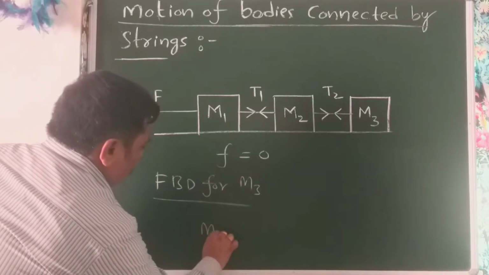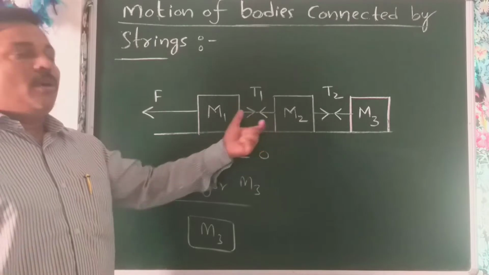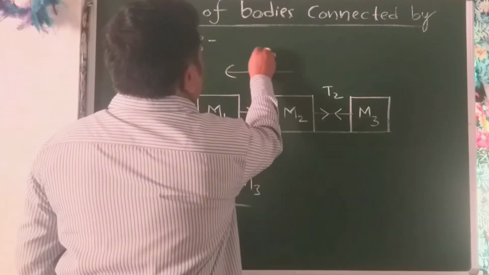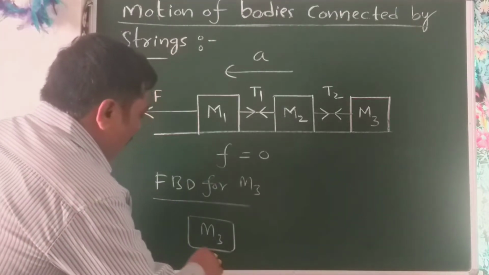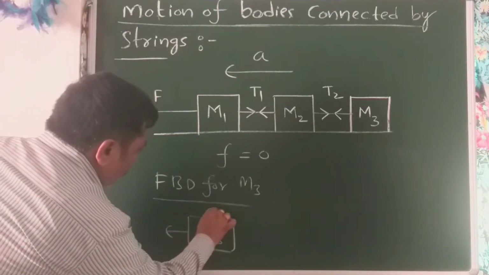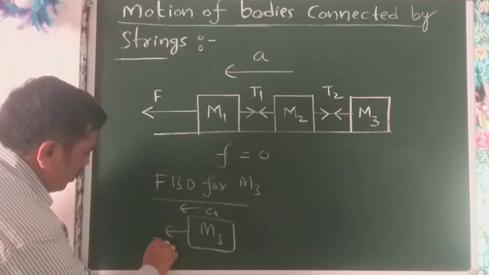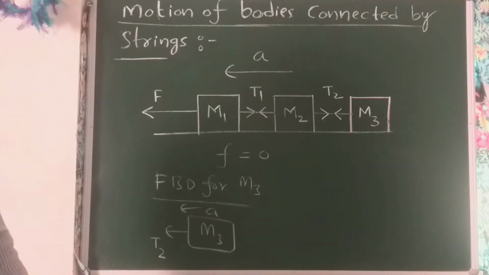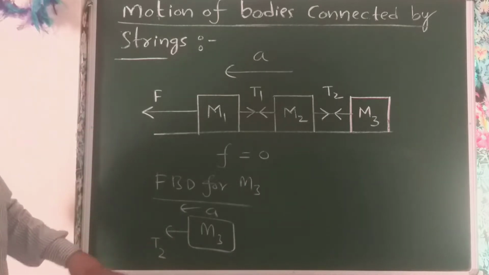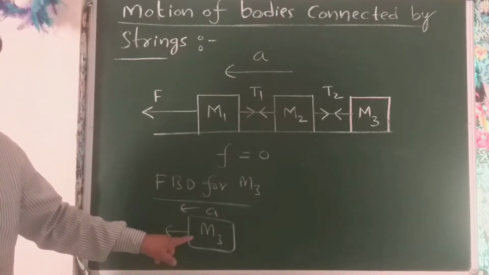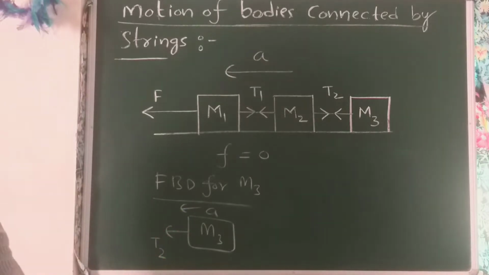So we have to write the acceleration. What is the acceleration here? The system of three masses is accelerated along the negative x-axis. Here mass M3 is also accelerated along the negative x-axis with tension T2 of the string. Here M3 is not directly acted on by the applied force F. So we write the net force on mass M3, which is equal to the tension in the string.